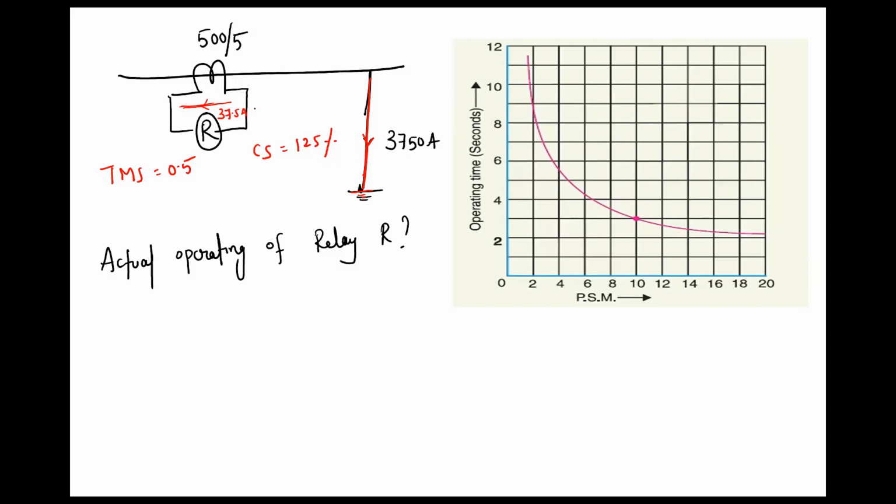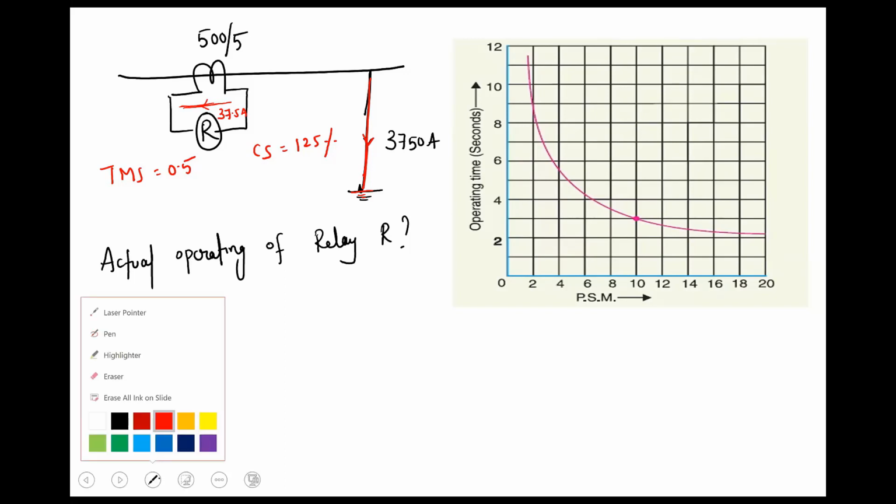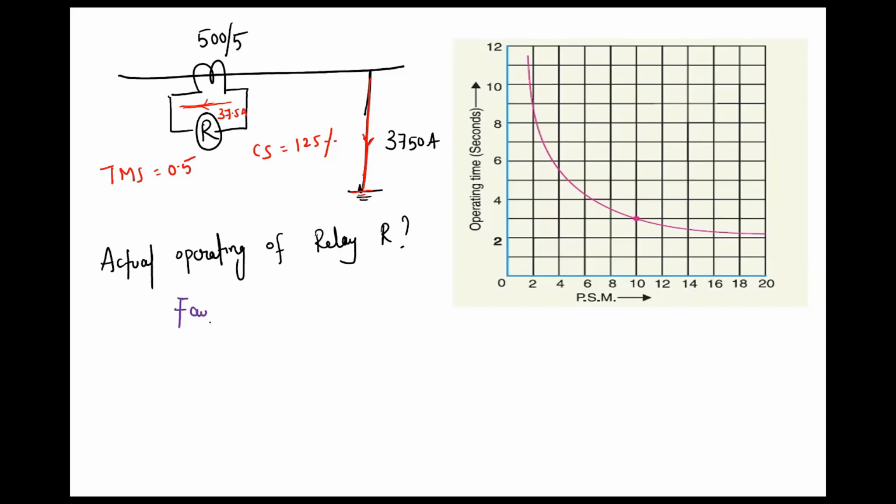Now you know the fault current through the relay, and next you have to get the pickup value. The fault current through the relay, 37.5, is obtained by actual fault current divided by CT ratio. There is no big deal in that. So this is 3750 divided by the CT ratio 500/5, which is 37.5 ampere.